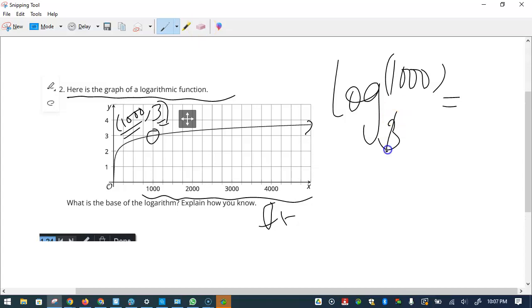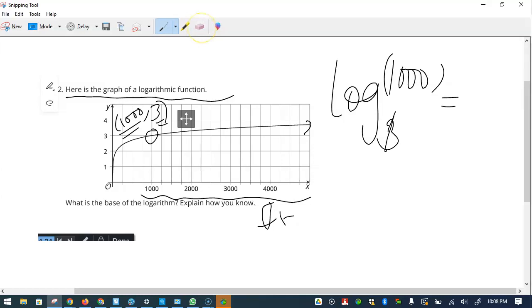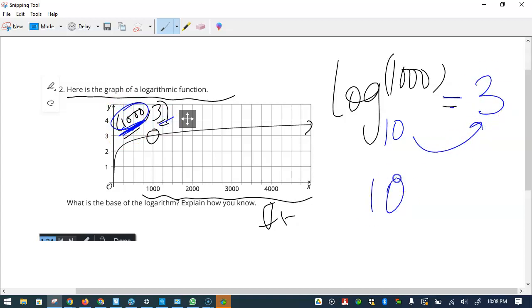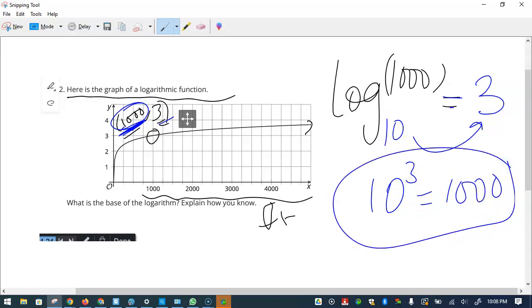This should be 10, because for the input 1,000, the output is 3, and you can see 10 raised to 3 is 1,000, correct? So that makes sense.